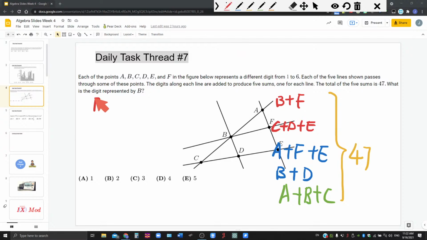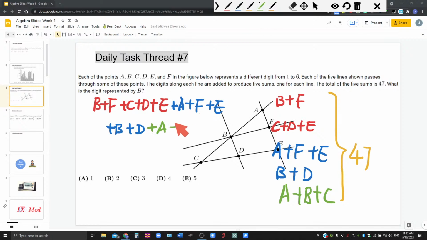So we'll write B plus F plus C plus D plus E, then plus A plus F plus E. I'm just copying them. Plus B plus D, and then plus A plus B plus C, okay? To add them up. And the total is 47.